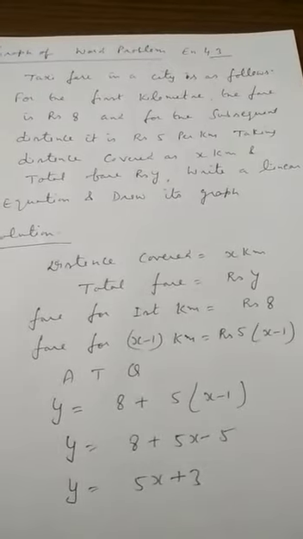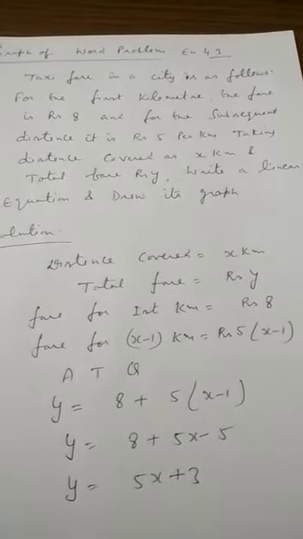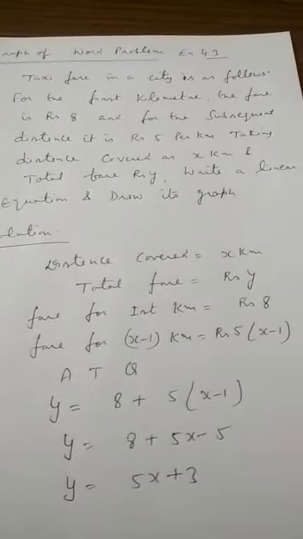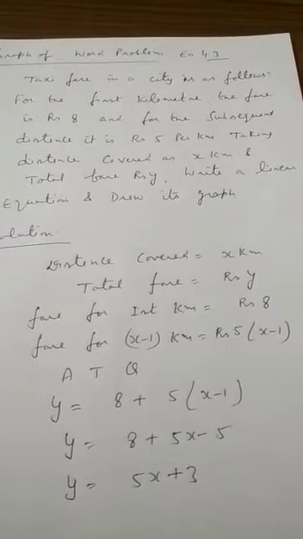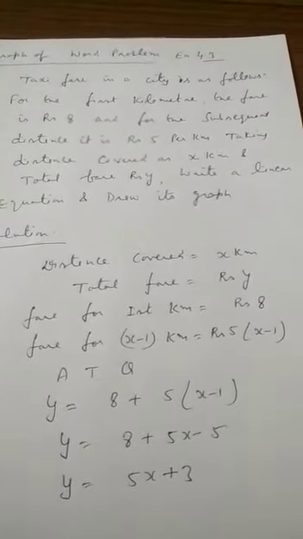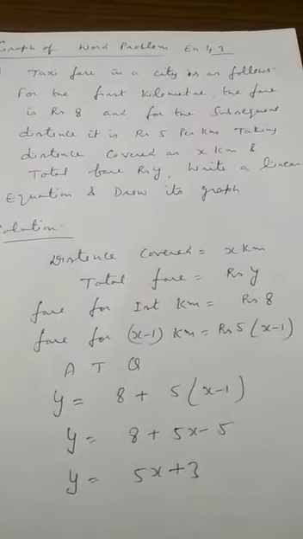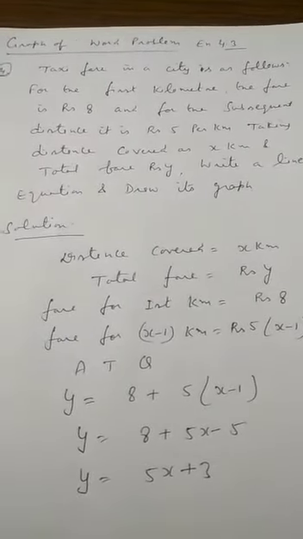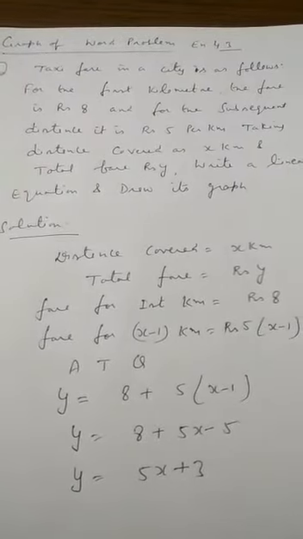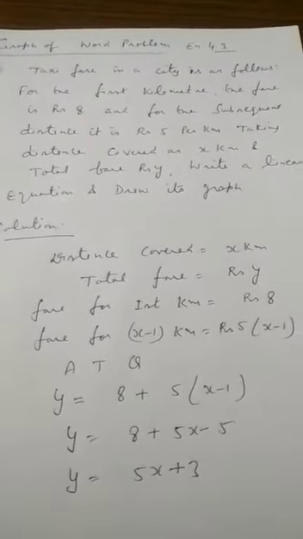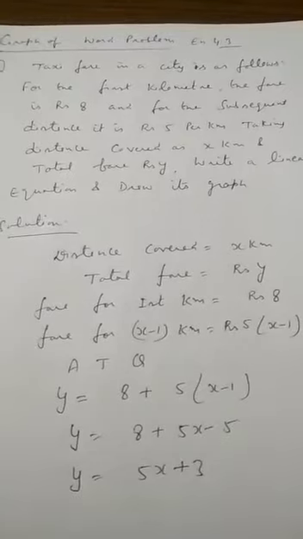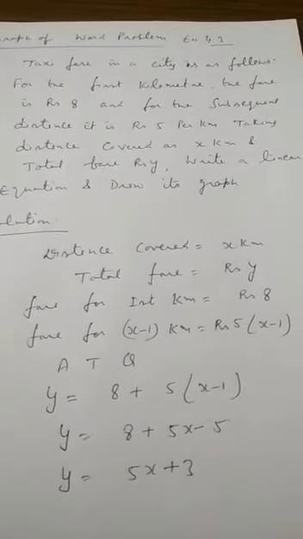If out of x kilometer we have traveled 1 kilometer, how much is left? x minus 1, and the remaining distance is covered at the rate of rupees 5. So how much is the fare for x minus 1 kilometer? This is 5 multiplied by x minus 1.